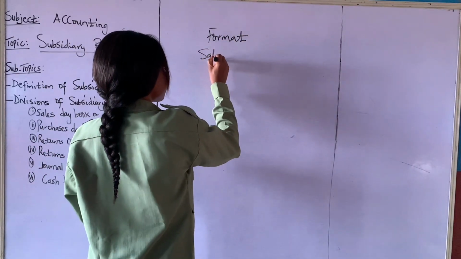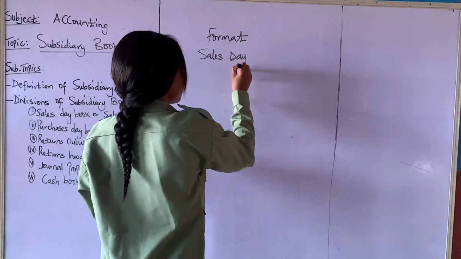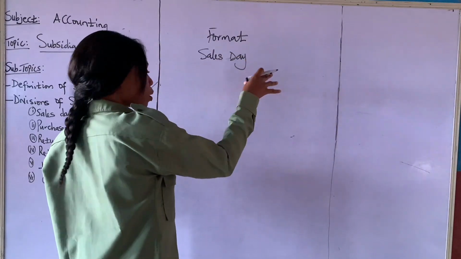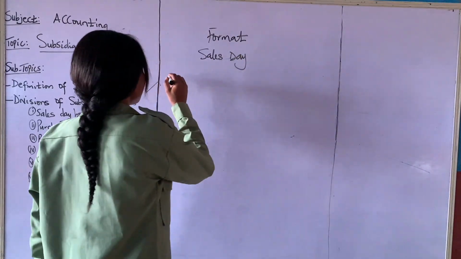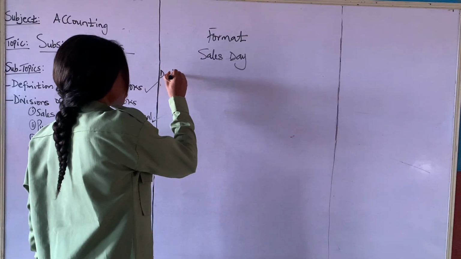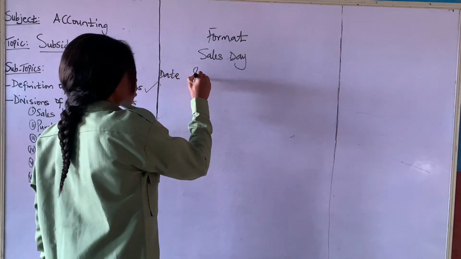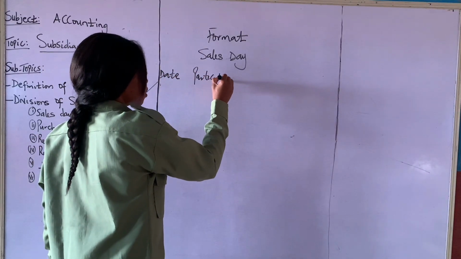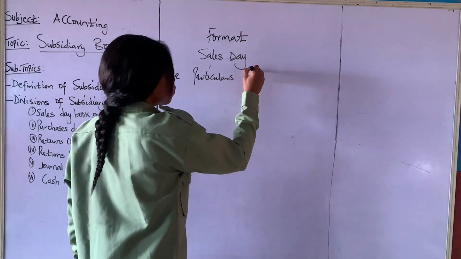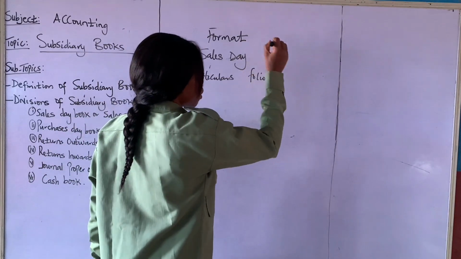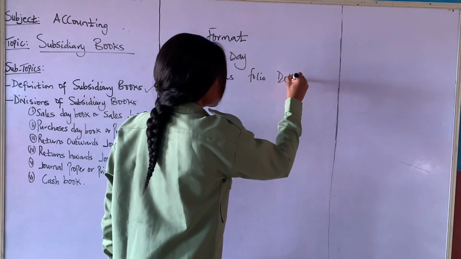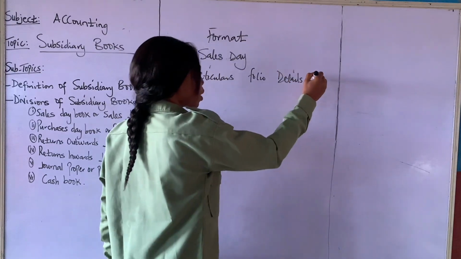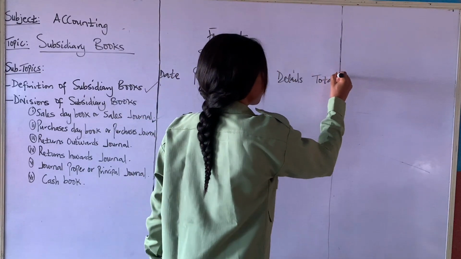So we have the sales day book. Remember, you don't call it the sales day book, you can call it the sales journal, it's the same thing. So the format, we have the date, the particulars, the volume, the details, and the total.